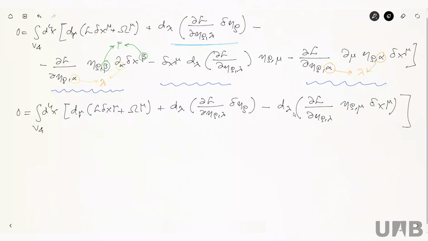And finally, when the derivative acts on delta x mu, it is this term here. Because then it's dL d eta rho comma lambda, eta rho comma mu, right? And then the derivative lambda of delta x mu. So you see, that's why renaming the indices was useful in this case, to recognize that these three terms can be written in a condensed way into this product of three terms.